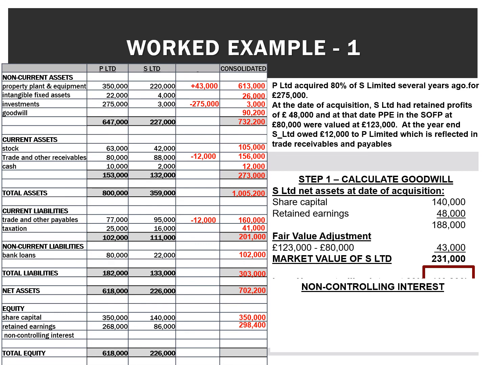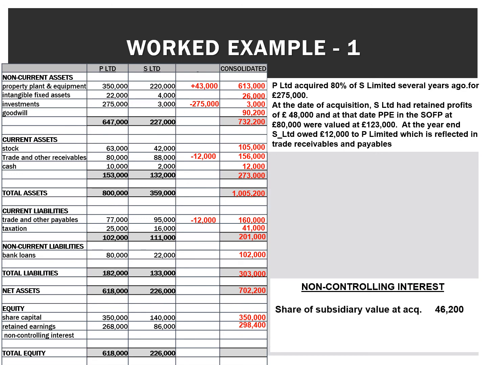And we've then got to add on to that the minority's share of post-acquisition profits. We've already calculated that when we came to work out the group's share, and that's the 7,600 that we deducted when calculating the consolidated retained earnings.